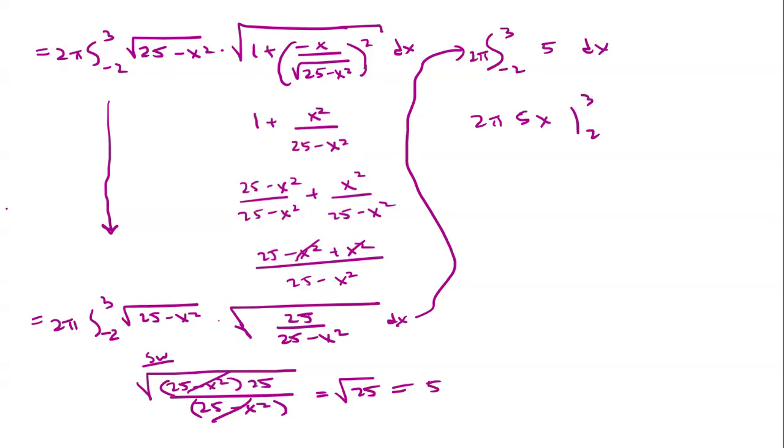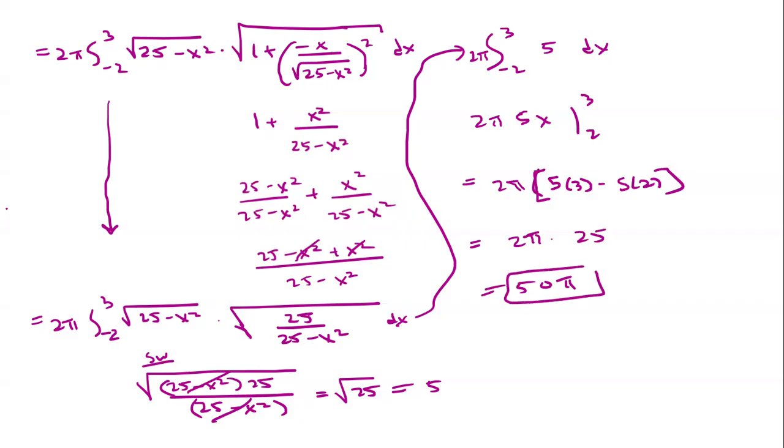Then I can evaluate this: 5 times 3 minus 5 times -2, which is 25. Multiplying that by 2 pi gives us 50 pi, and that's our answer.